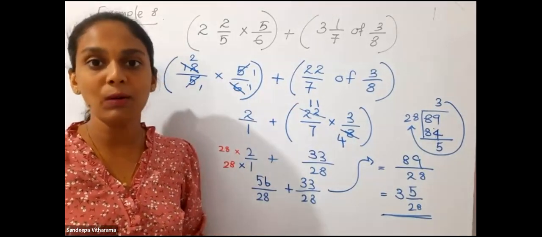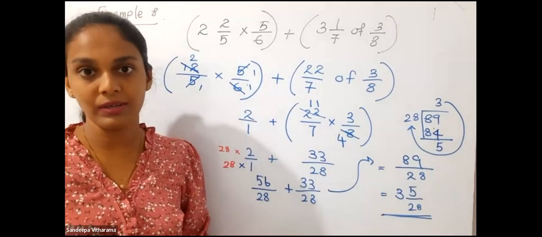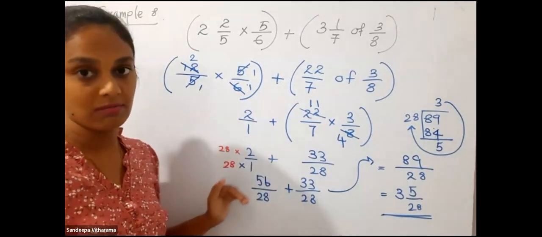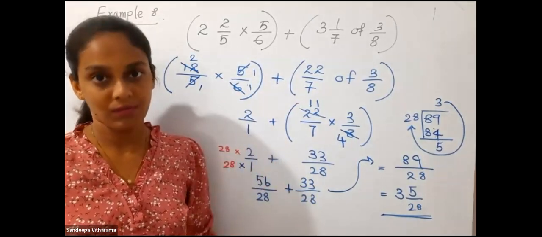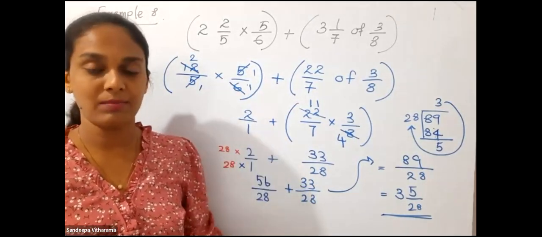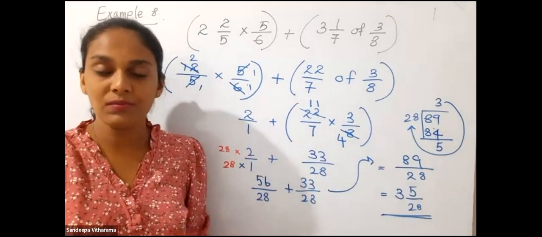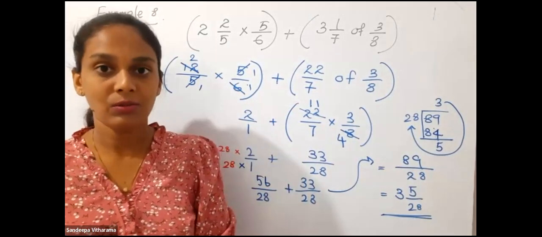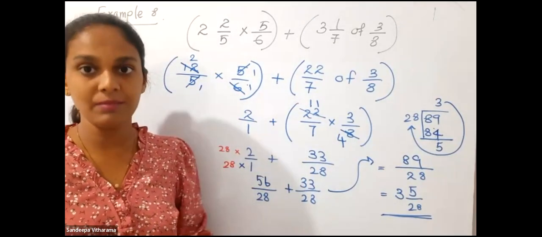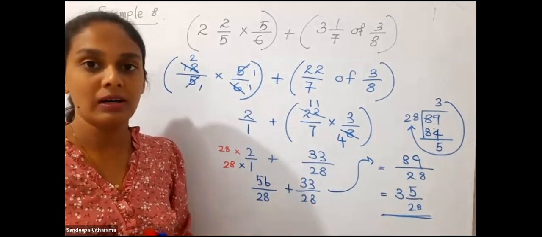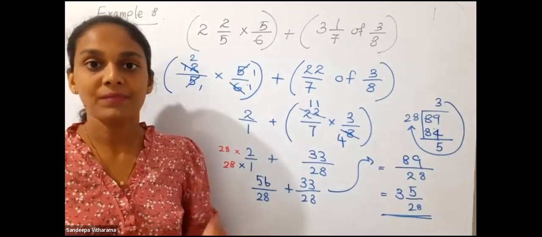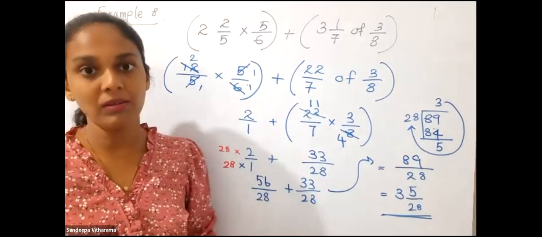How you apply the BODMAS rule. What we have to do. The method that you have to follow is the same. BODMAS rule. That means you have to remove the brackets first. Then you have to remove the of terms. Then you have to do the division. Likewise, you have to move according to the order given by the BODMAS rule.